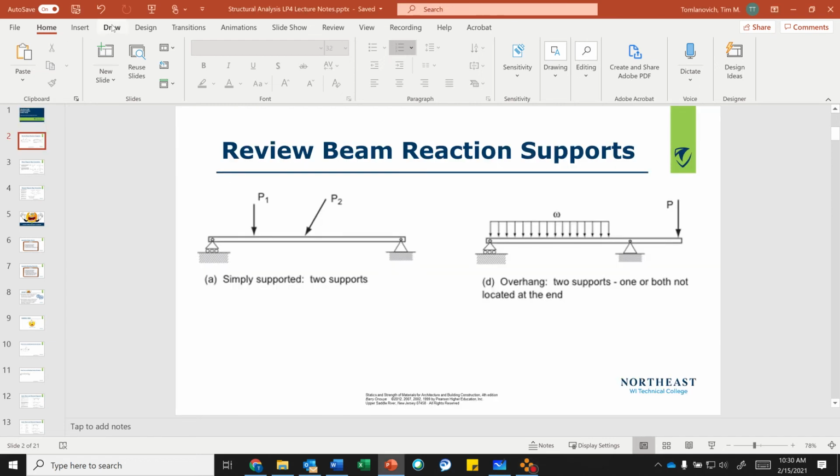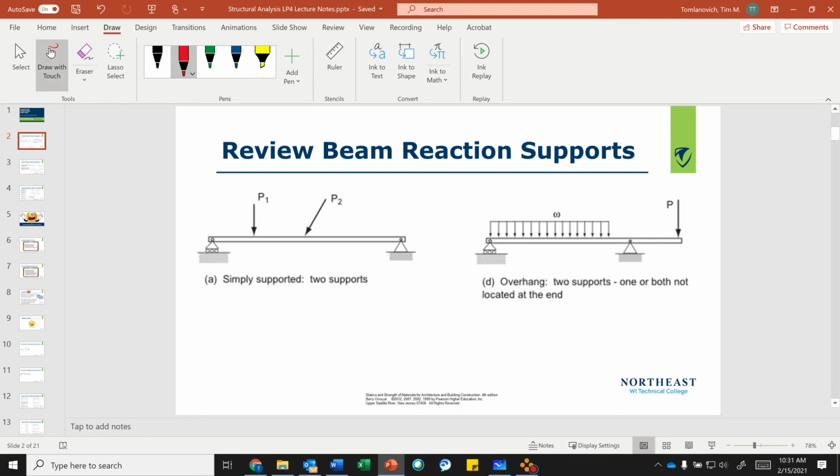Okay, so before we start this, let's review beam reaction support. If you remember from last semester, this is a roller support here, so we have a reaction. This could be a wall here, the reaction there, and then this is a pin support.